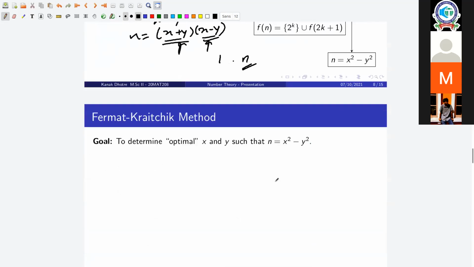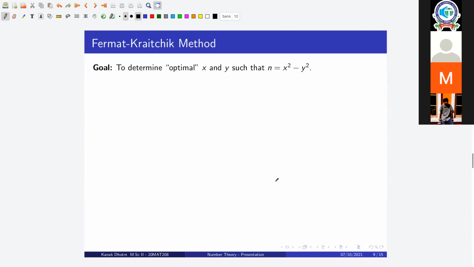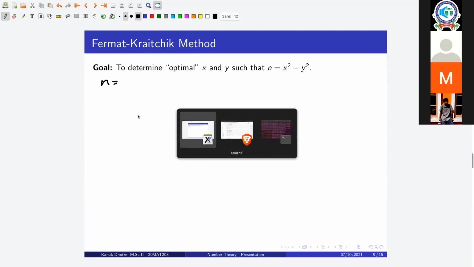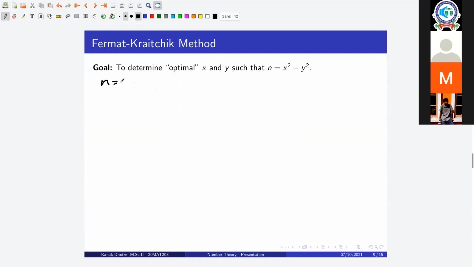So let's just quickly attack this problem with an example. This is a very trivial example. I've already written a code to compute it for bigger numbers, but the idea is to find the factors of say 15. So the idea is to write it as x square minus y square. Now we can rewrite this as y square is x square minus 15. Since we have a square here, obviously this should be greater than 0.